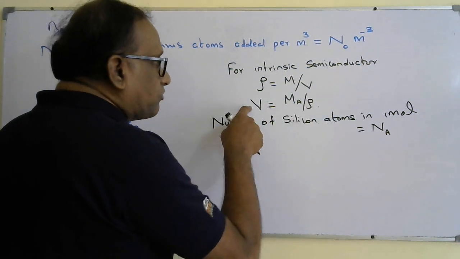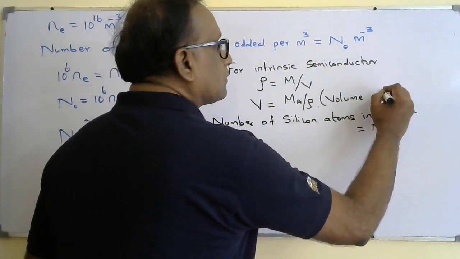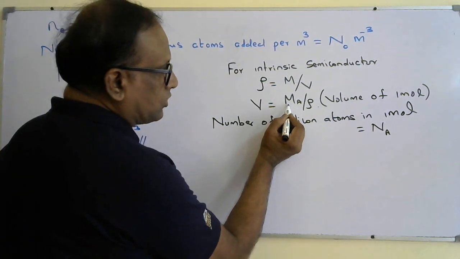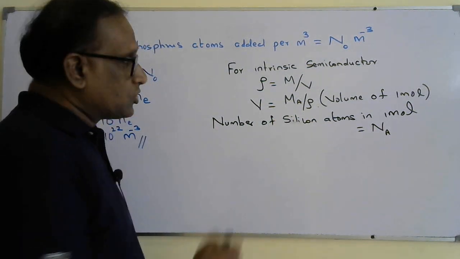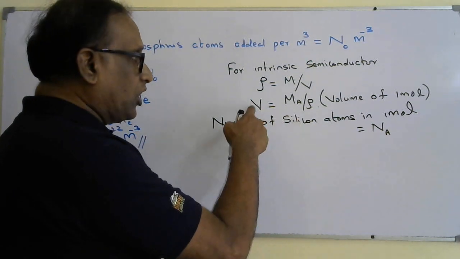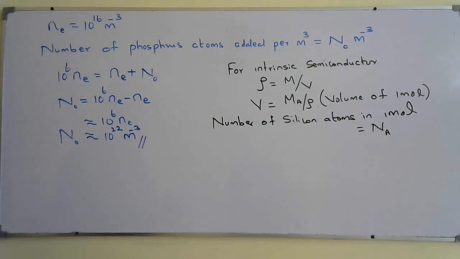This is the volume of 1 mole. Why do I say it's the volume of 1 mole? Because the mass I use is molar mass. So the mass of 1 mole, molar mass, divided by density is the volume of 1 mole of silicon semiconductor.